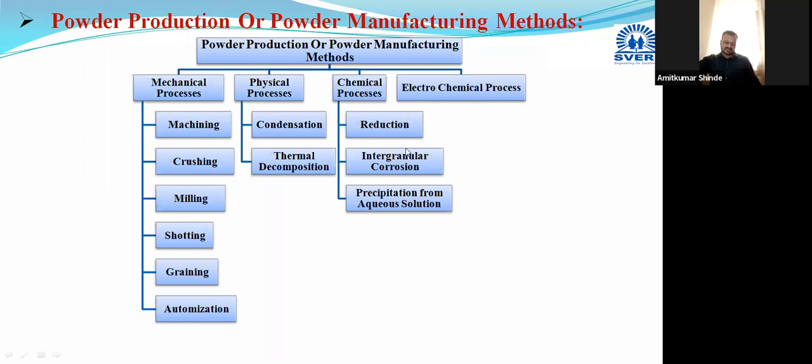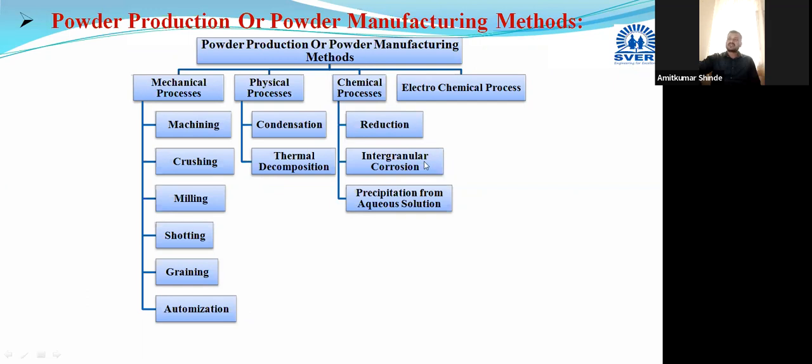In this reduction method, whichever powder particles we obtain are irregular in shape. After discussing the reduction method, the next method is intergranular corrosion.